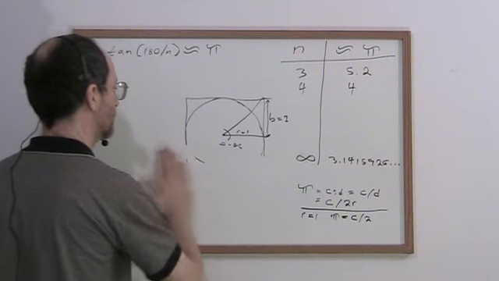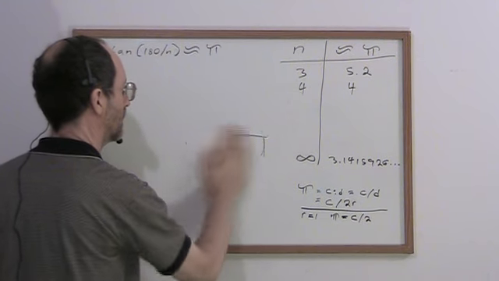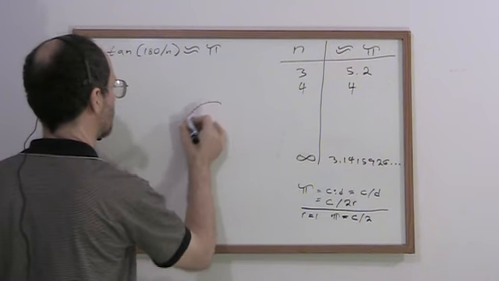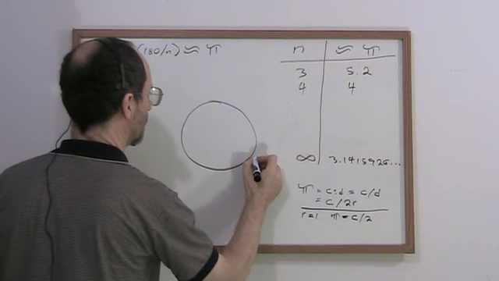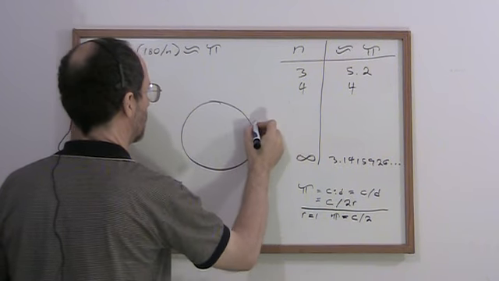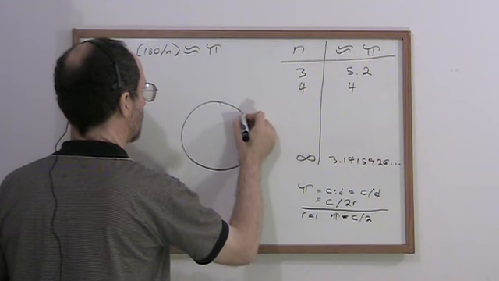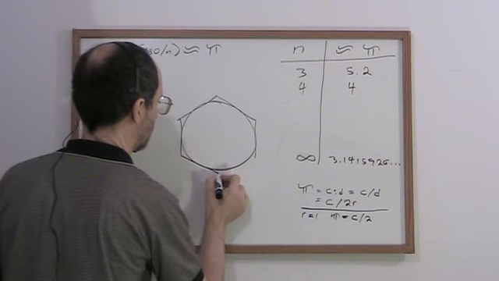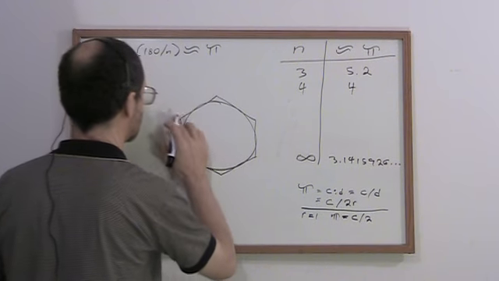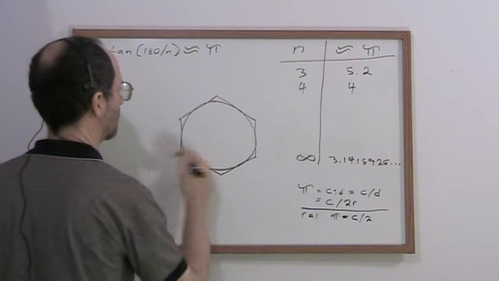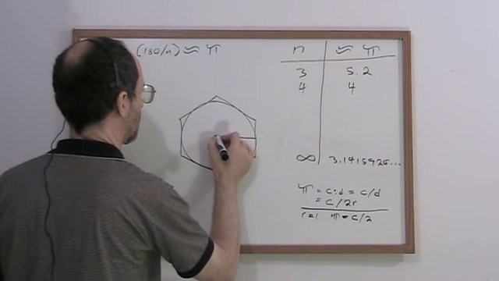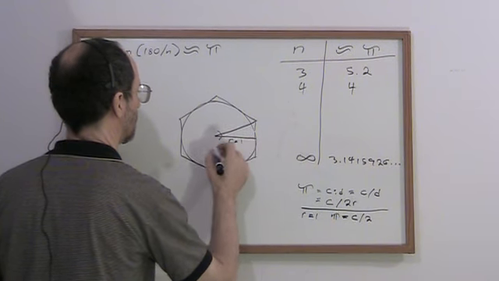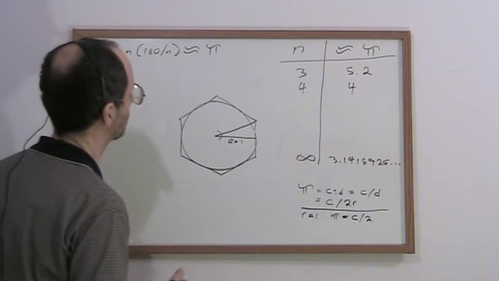And let's jump to 6 sides. 1, 2, 3, 4, 5, 6. Well, this is actually a here. It's 1.